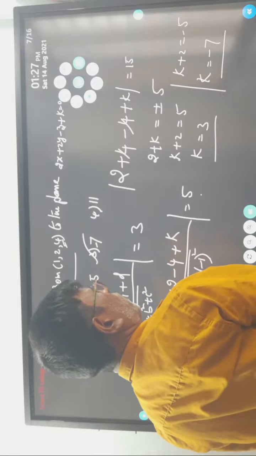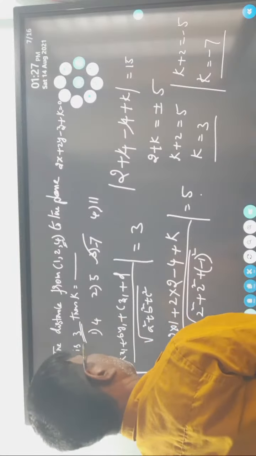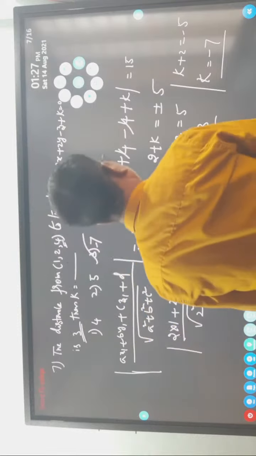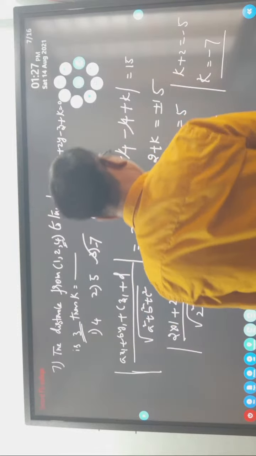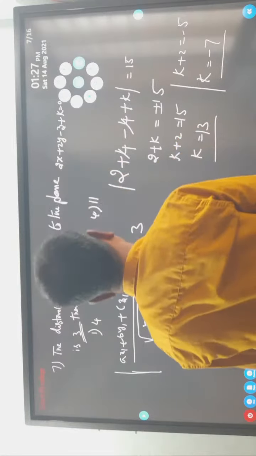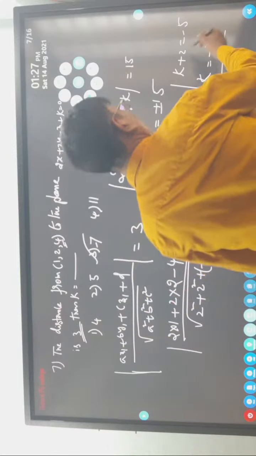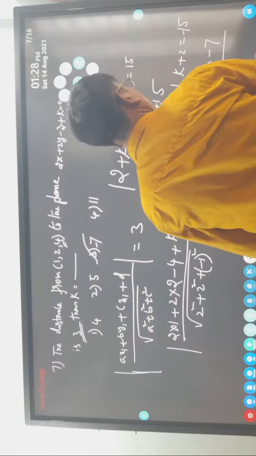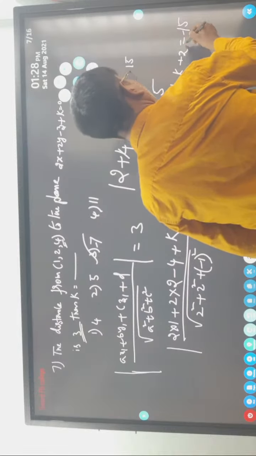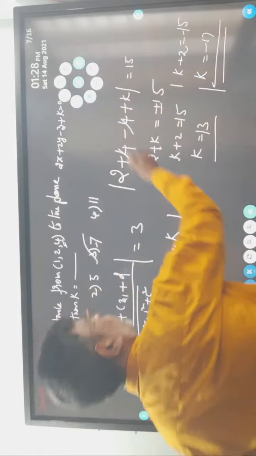So 2 plus k equals 15, so k equals 13. 13 is not there. Then k plus 2 equals minus 15, so k equals minus 17. Either 13 or minus 17.